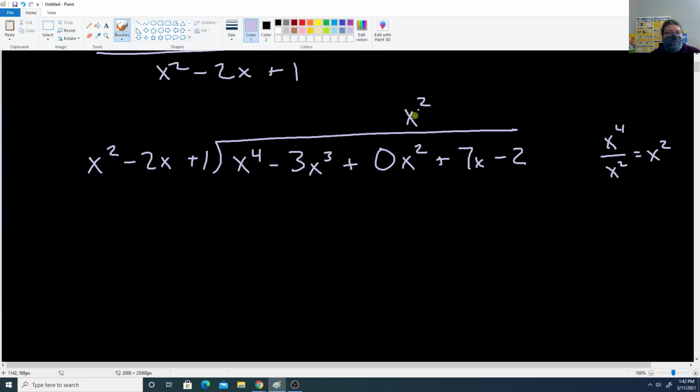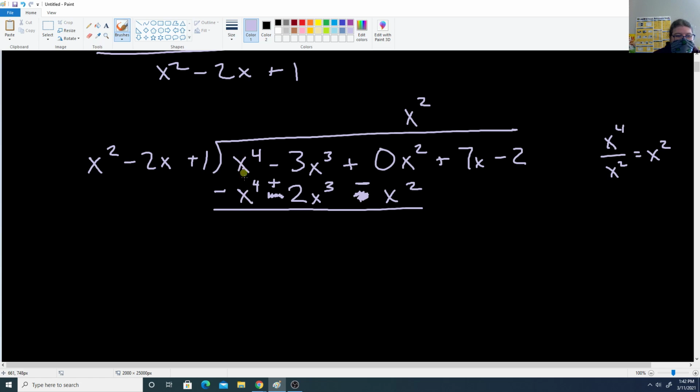Then you multiply x squared by the divisor. X squared times x squared is x to the fourth. X squared times negative 2x is minus 2x cubed. X squared times 1 is plus x squared. We switch the signs on all these terms, so that becomes negative, this becomes positive, this becomes negative, and we add the terms up.